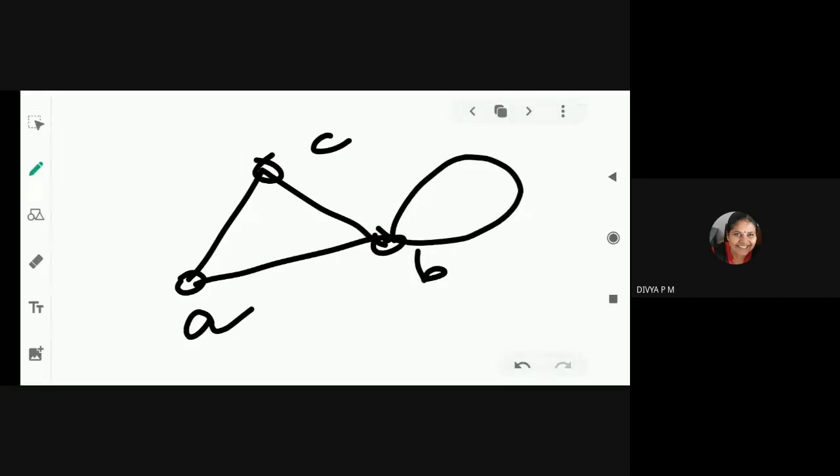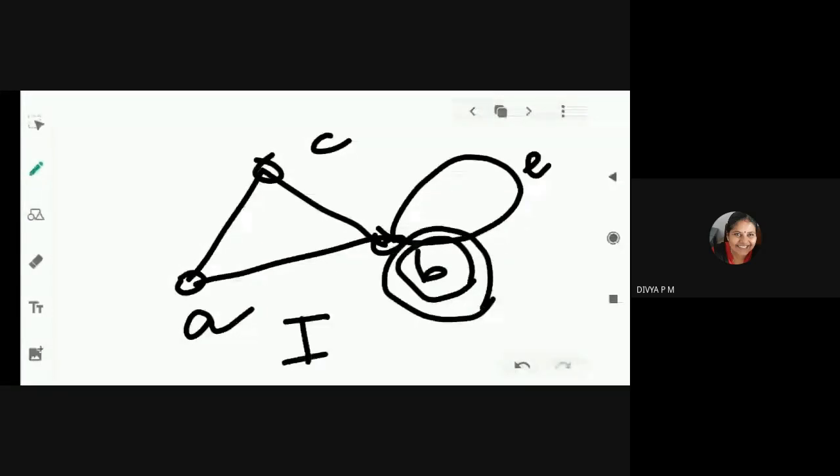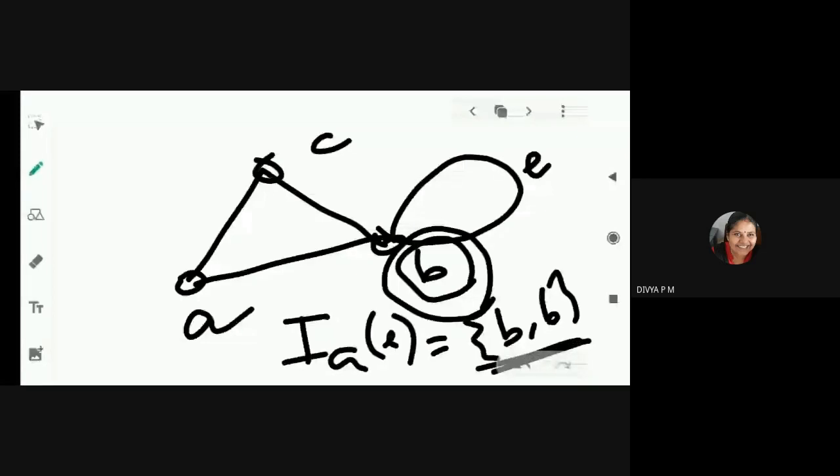For this loop, say if I denote it E, its one end vertex is B and the second end vertex is also B. That means E is equal to BB. So repetition is there; it is a multiset, where elements can be repeated. So here loops are there.